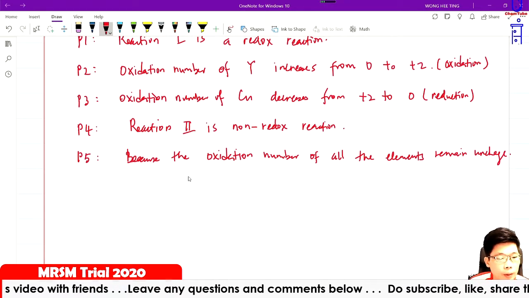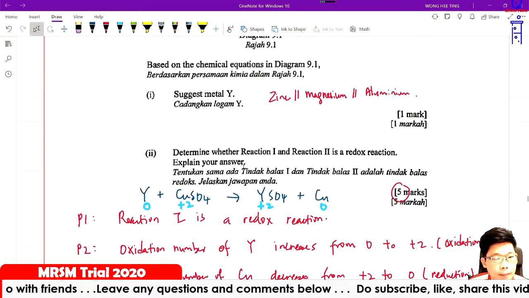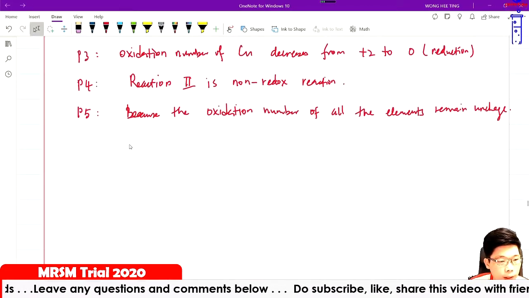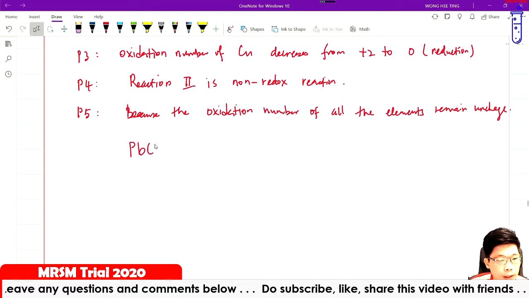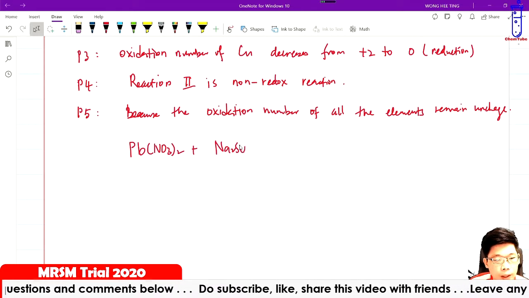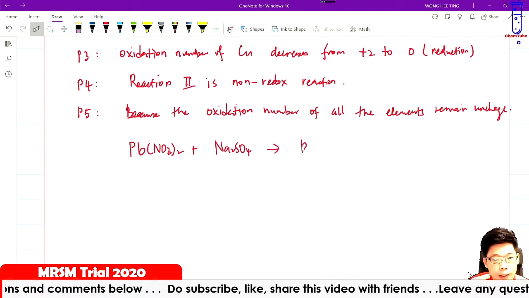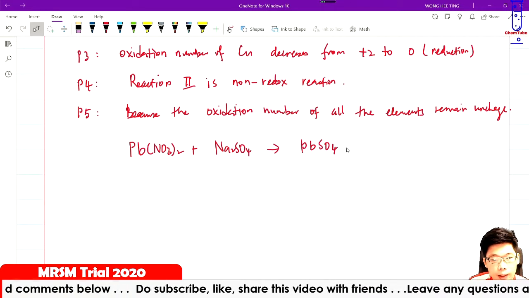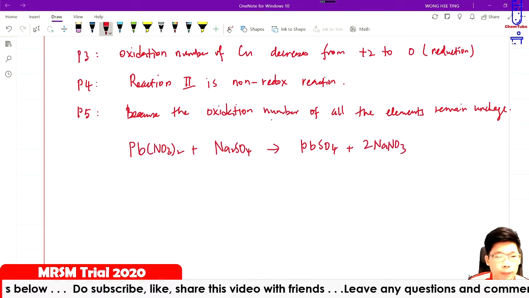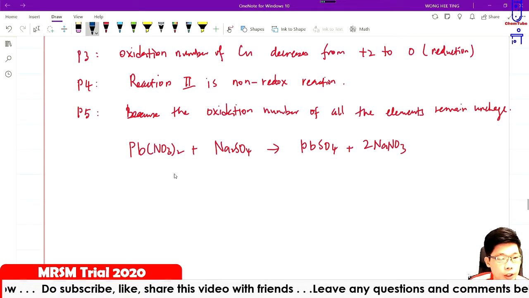Let's see this example. Lead nitrate, sodium sulfate forms lead sulfate and sodium nitrate. Let's see the oxidation numbers.